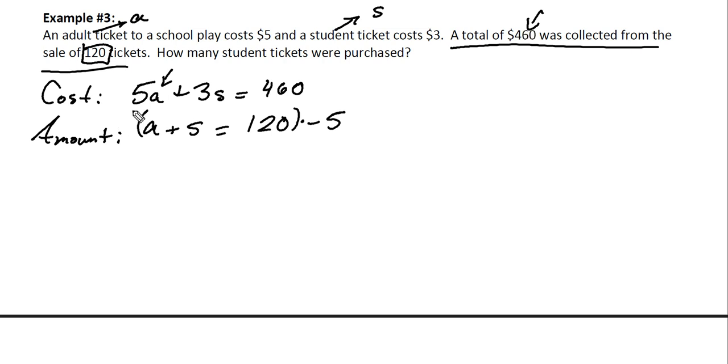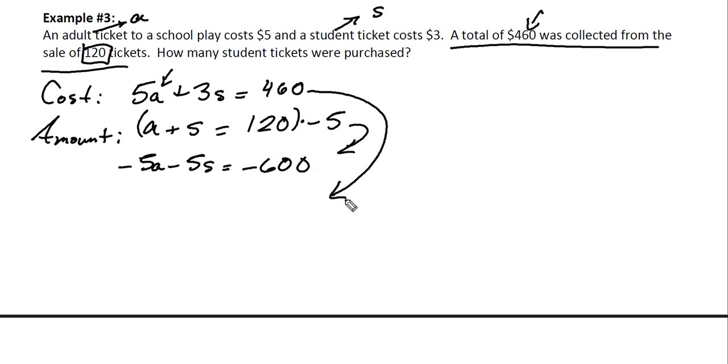I could write it in front, which I normally would, but I don't want it to be cluttered here. I'm just going to write that resulting equation down below. So if I multiply by negative 5, I would get negative 5A minus 5S equals negative 600. And now we're going to combine these two equations.